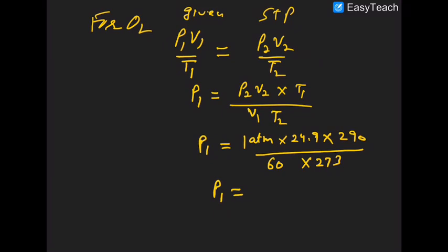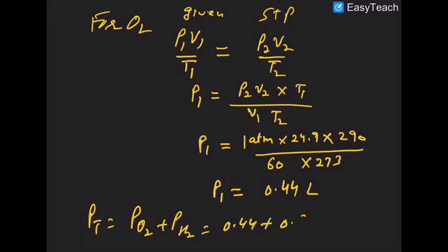P1 here is found to be 0.44. So P total will be partial pressure of O2 plus partial pressure of H2. So 0.44 plus 0.88 comes out to be 1.32 atmospheric.